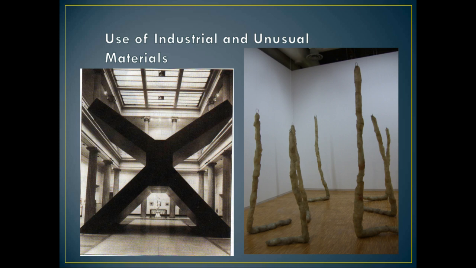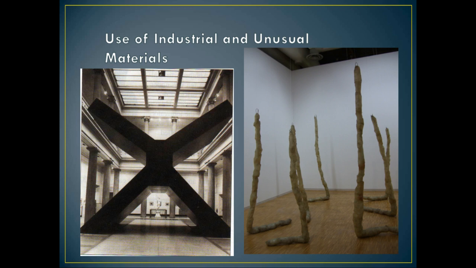for the traditional works. And when you think about using steel and iron, you have to either be comfortable with those materials, or you have to hire people that know how to use them. So just like with Warhol using assistants, minimalists often used assistants as well. And again, this changes the whole idea of what it means to make art.